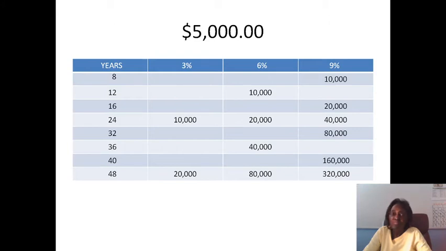20,000 doubles again in another 8 years. There it is right there. 40,000 doubles again to 80,000 in another 8 years.